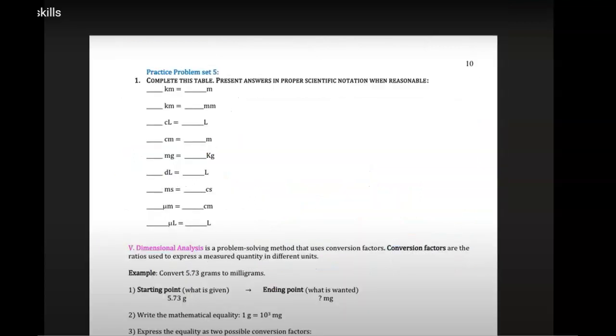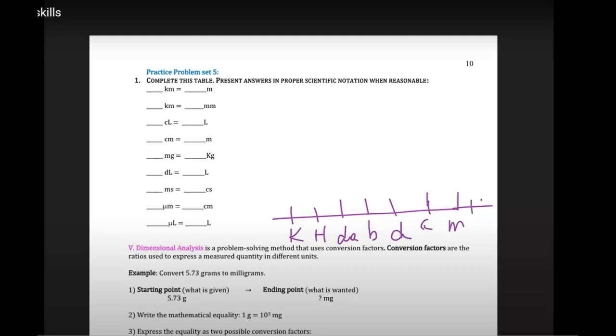On this page, you have practice problems. I'm going to do a couple of them with you, and then you can continue. I suggest that you remember this: kittens hate dogs because dogs can't meow. And then remember 2 more spaces and then micro, right? That would help you navigate it.